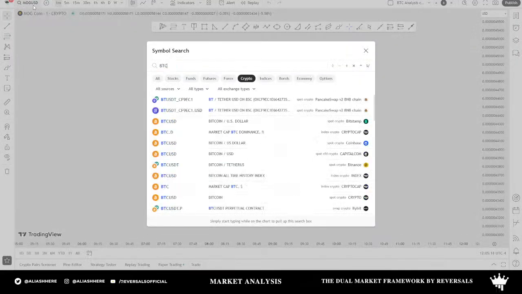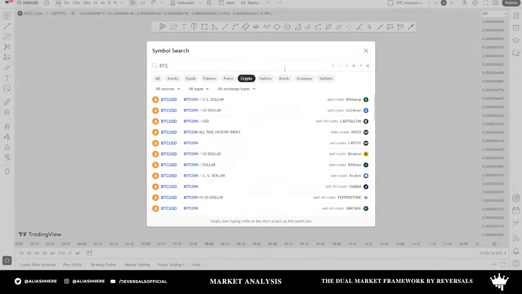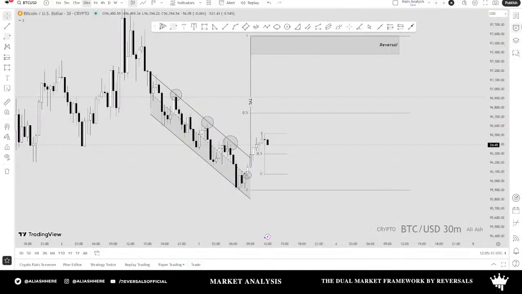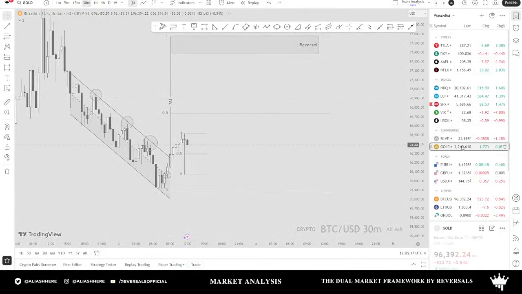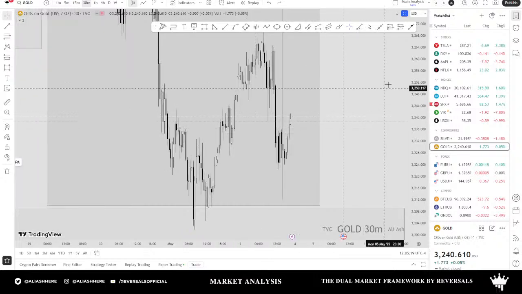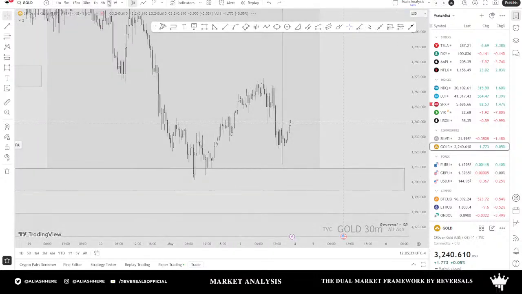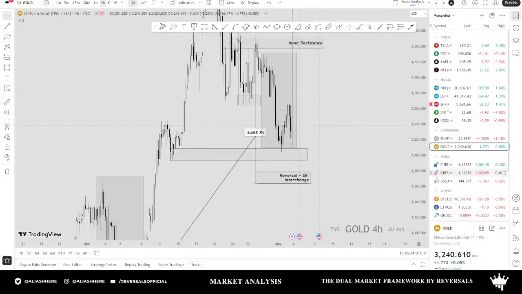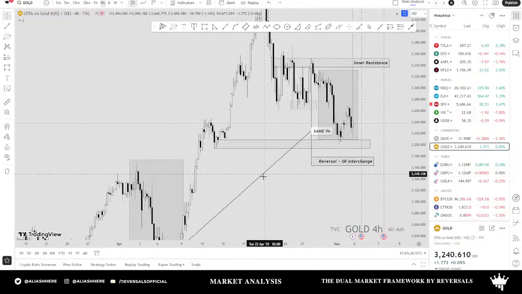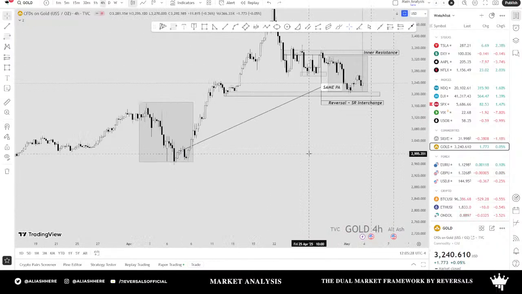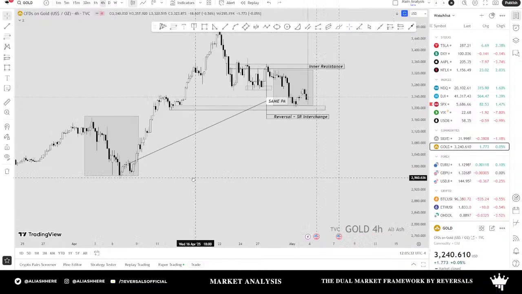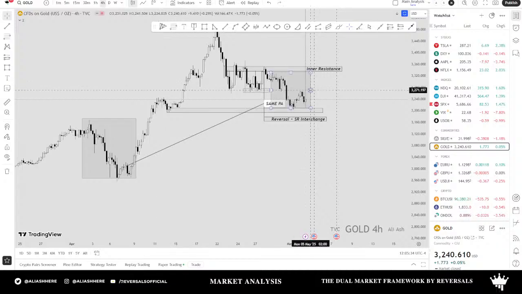So let's do minute analysis. Before that, let's see what we have with gold. The markets are closed, but we can do some analysis. I've explained this analysis in the Discord server, and if you see here, we have the same price action.